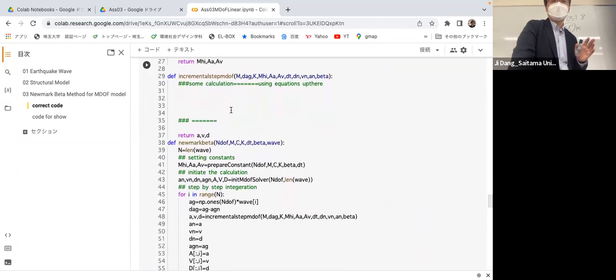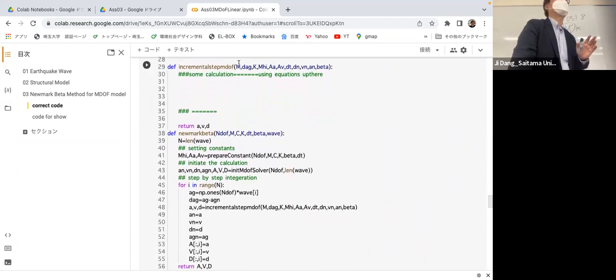result. The incremental step is: you calculate delta F hat using the inverse matrix of M hat and others, AAA, something.